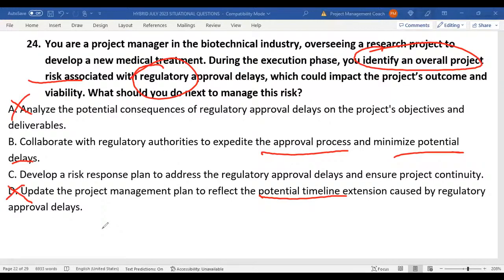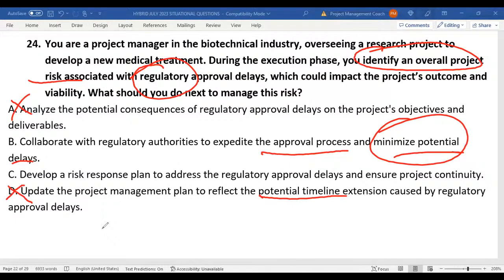Can you expedite their approval process? Think about it. Is that realistic? This says minimize potential delays. Think about it. In all reality, is that the best option? Definitely, collaborating with regulatory authorities is important, but to expedite the approval process?